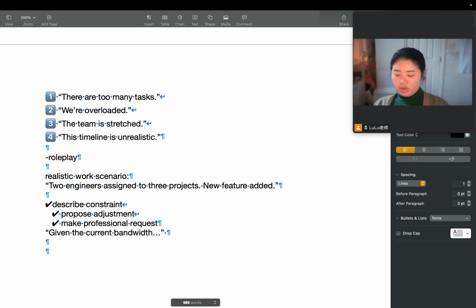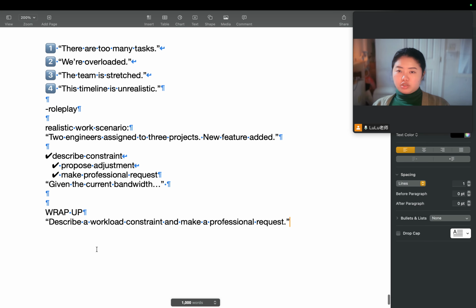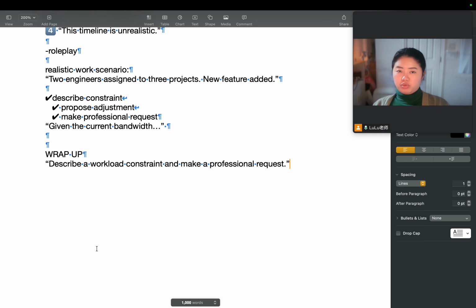This is where we wrap up today's lesson with a workload constraint, sort of like a final output. So I'll give him a final one here. Describe a workload constraint and make a professional request. This can be personal or professional.